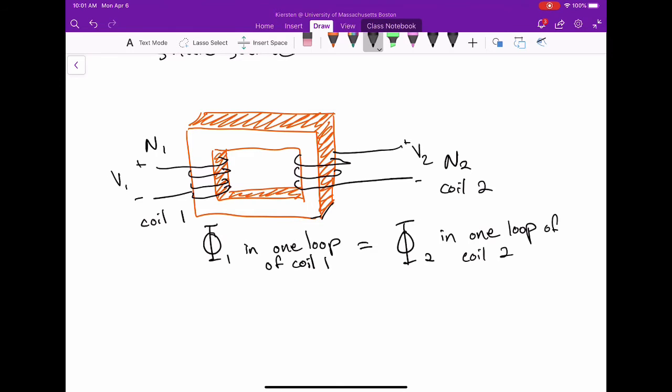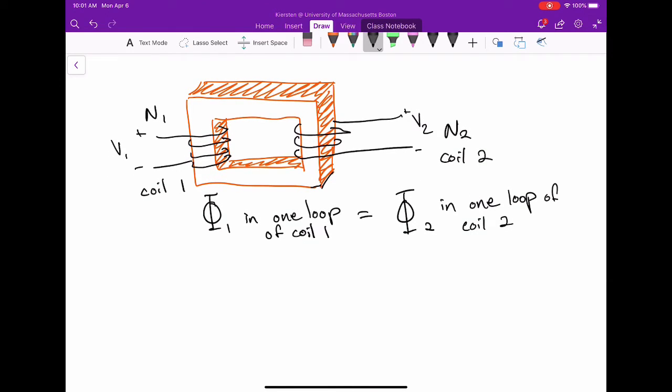And as a result, if we write Faraday's law for both sides, we can say that there's just one common flux variable phi that is equal to phi1, which is equal to phi2.